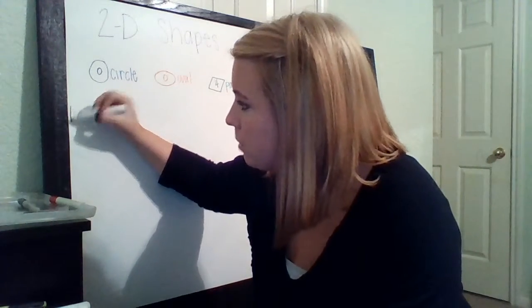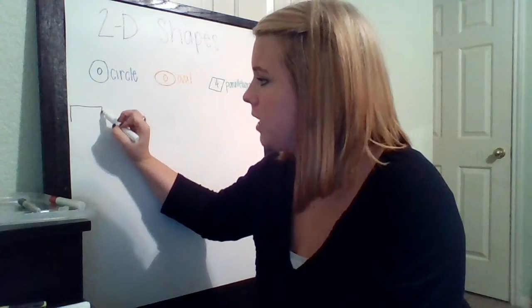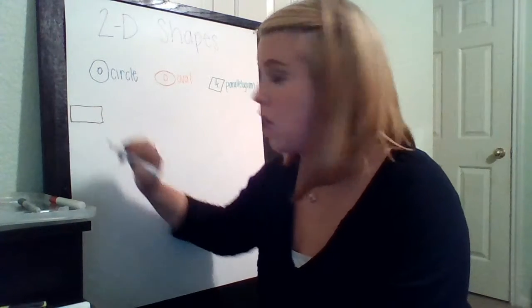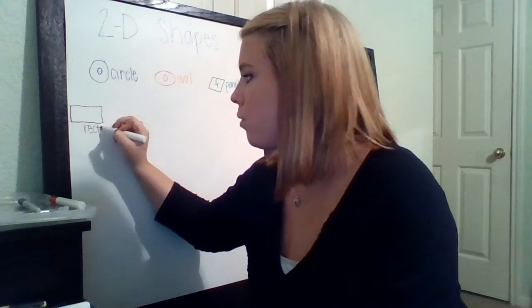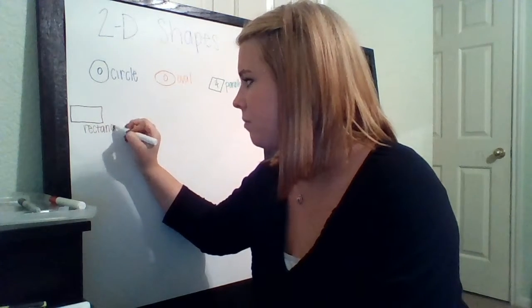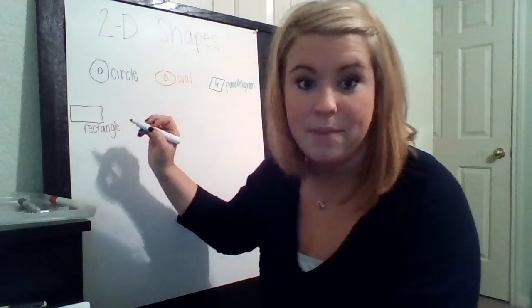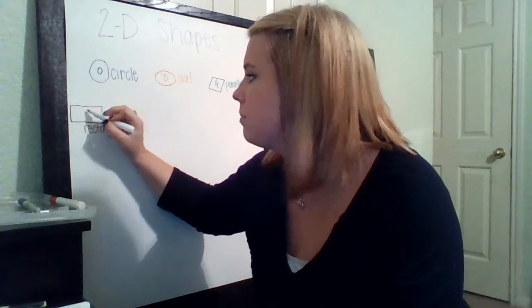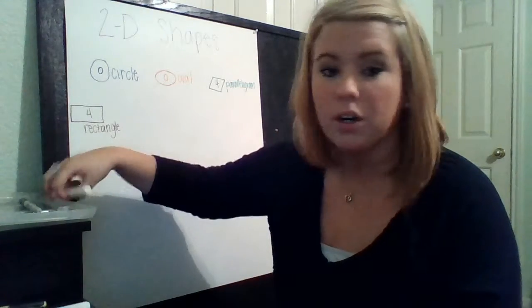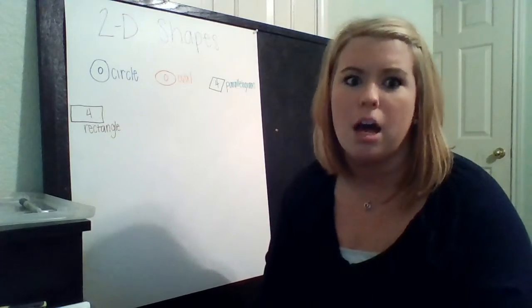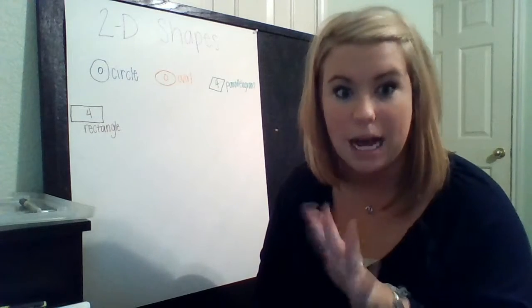So we're going to do a short piece, long piece, short, and long. And we're going to label it rectangle. And like we just said a minute ago, it has 4 sides.